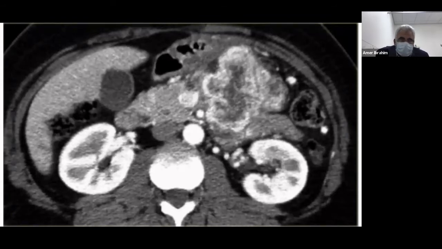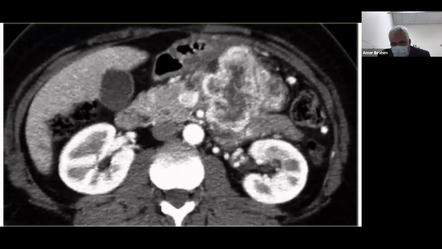A neuroendocrine tumor, most of the time, presents as a solid tumor, not cystic, but in many cases you can see them mixed, solid and cystic, like you see in this lesion, because the center of the tumor gets necrotic and becomes fluid, and that's why you have a mixture of cystic and solid tumor.